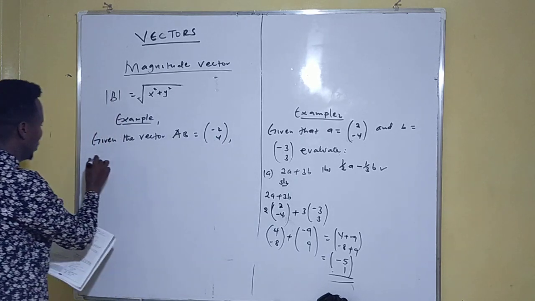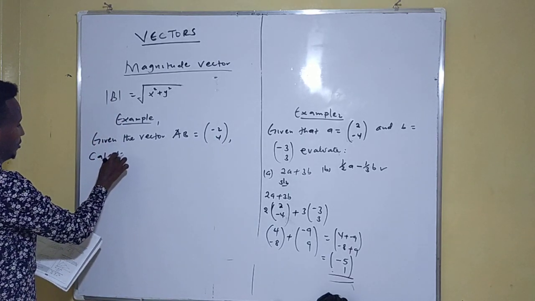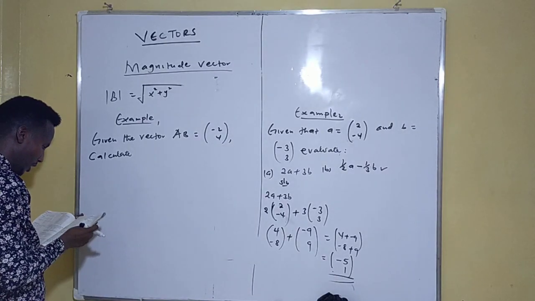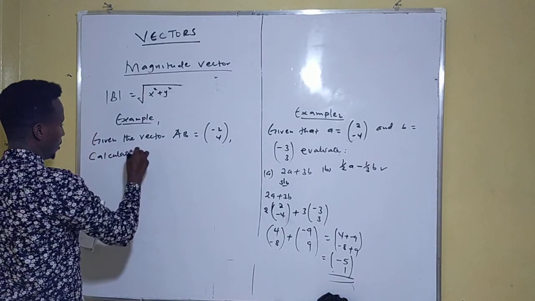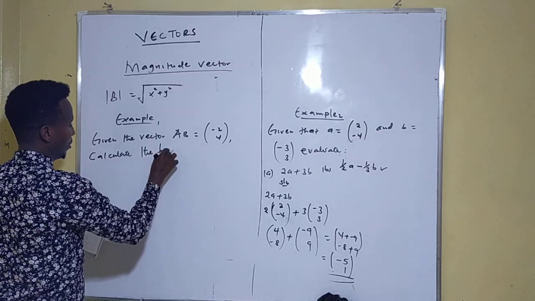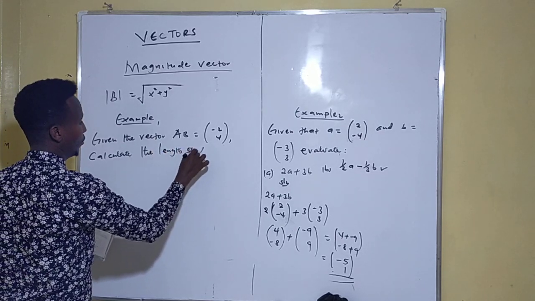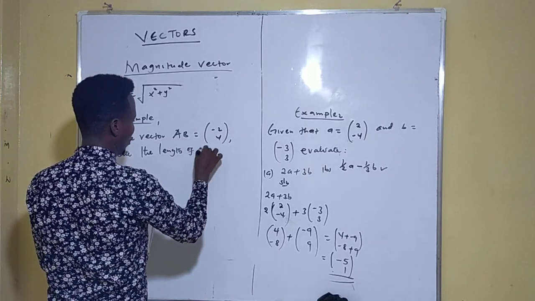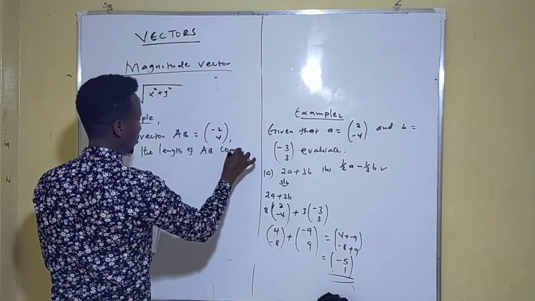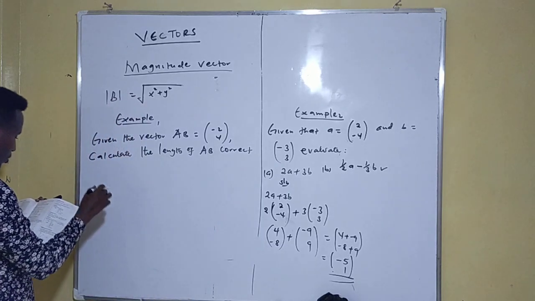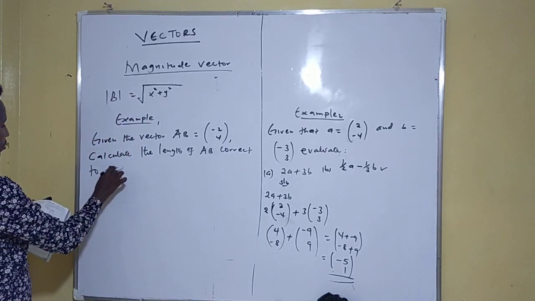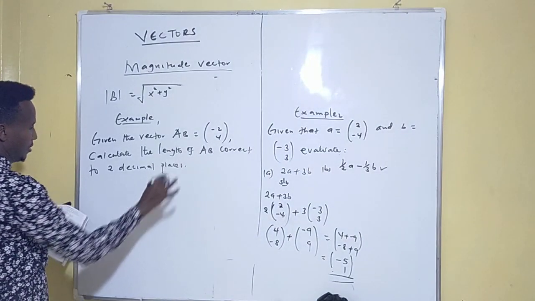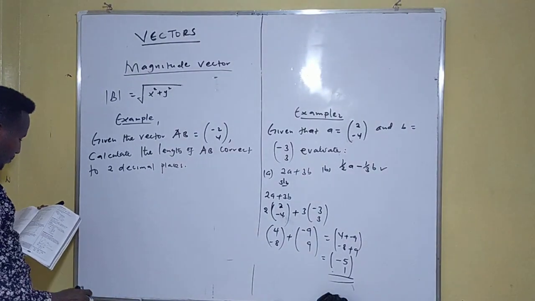You are told to calculate the length of AB correct to 2 decimal places. Okay? So this is what we're going to do now.